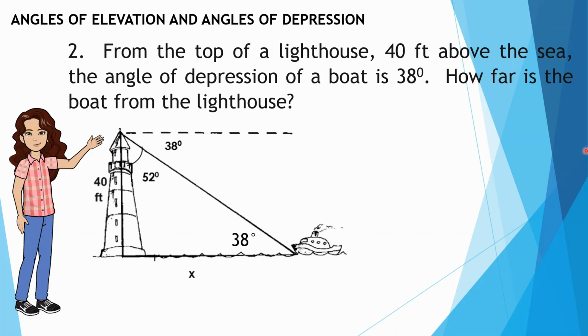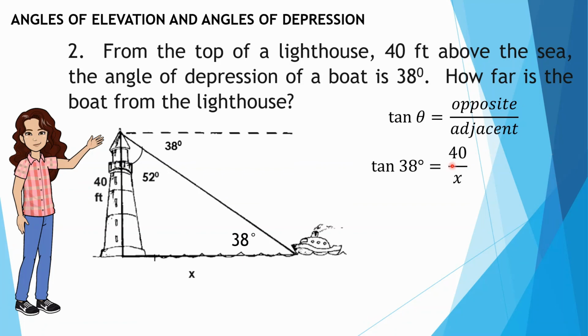Then we are going to use the tangent again. Tangent theta is equal to the opposite over the adjacent. So tangent 38 degrees is equal to the opposite, 40, over x. After that, you cross product, so we have x tangent 38 equals 40.